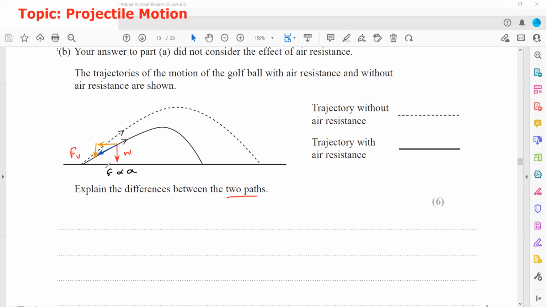So as a result, what happened? The total downward force increases. If the total downward force increases, the deceleration will also increase, because when it is going up, it is moving against gravity. So greater downward force, greater deceleration. And when it has a greater deceleration, greater change in speed, the maximum height reached by the projectile will also decrease. So when it is moving up, air resistance is increasing the resultant force, and as a result the deceleration increases, so its velocity will change quickly, and the maximum height will be lower.